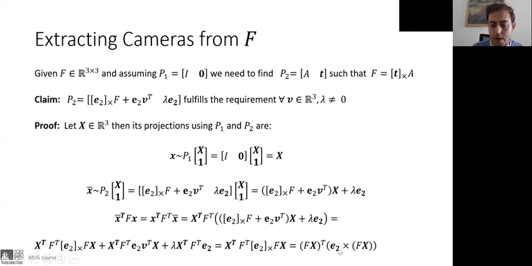Okay, and in this term, we just replace the cross product matrix of E2 multiplied by the vector Fx to be just the cross product of epipole 2 with Fx.